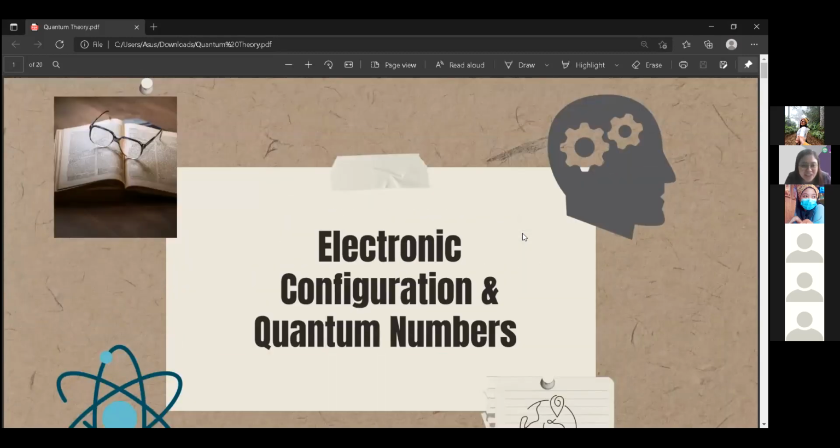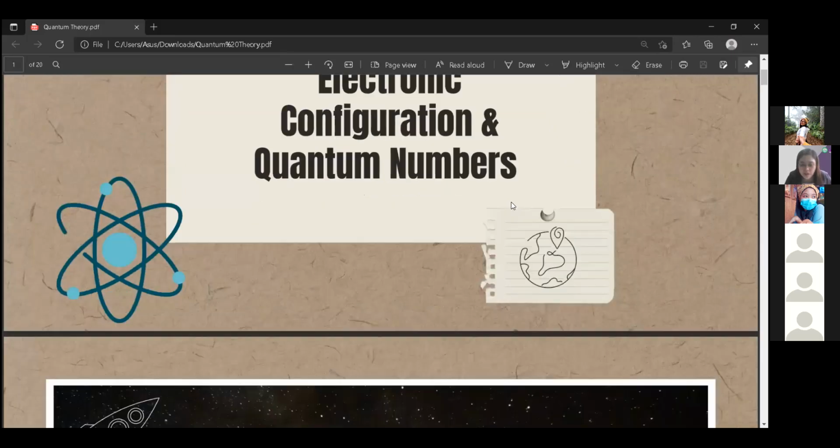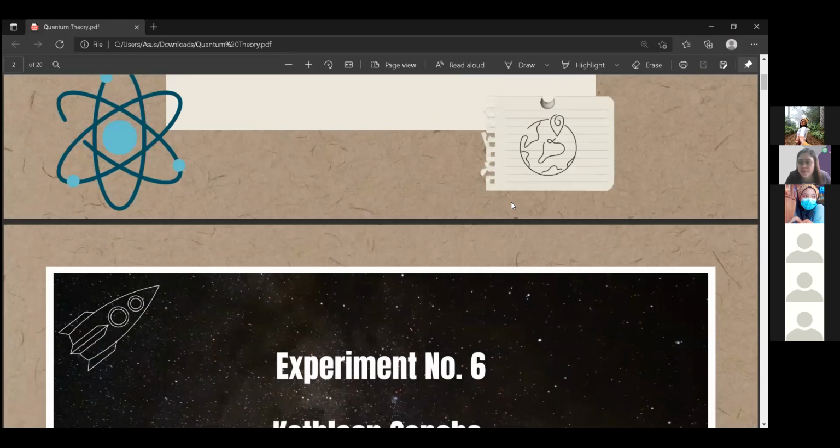Okay, electron configuration and quantum numbers. Class, you need to know this also. This one is also important so that we know how we are going to locate the electrons in the atom. Remember last time, we discussed subatomic particles: protons, electrons, and neutrons.